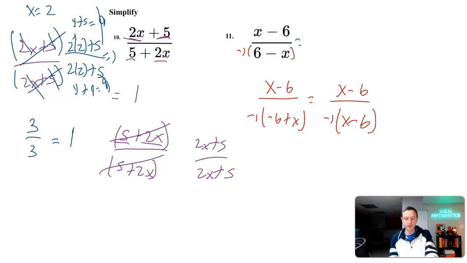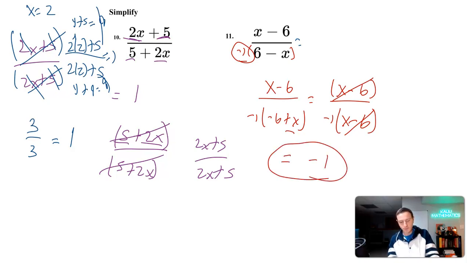Now I could rearrange the terms because I took out that negative 1. It's negative 6 plus x, positive x, negative 6, negative 6. So I am now able to rearrange it, and I get the same factor of x minus 6 on top and bottom, then simplifying that to negative 1.